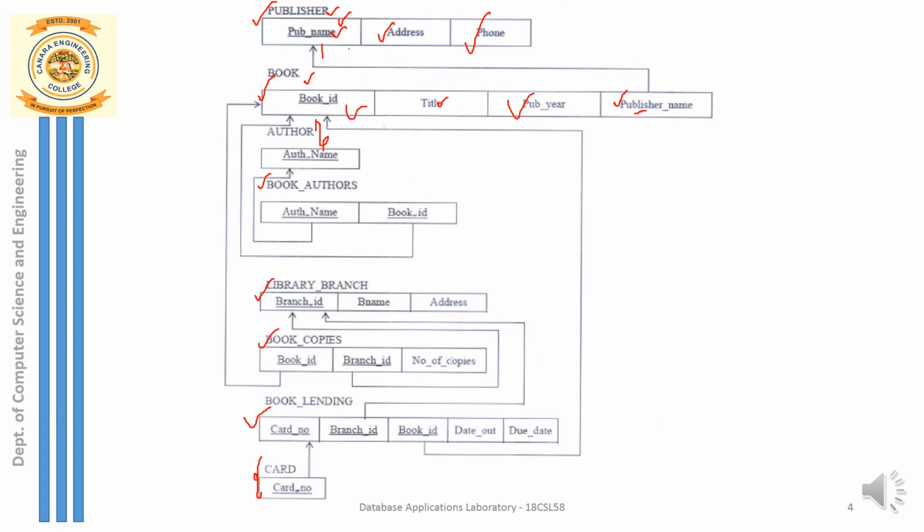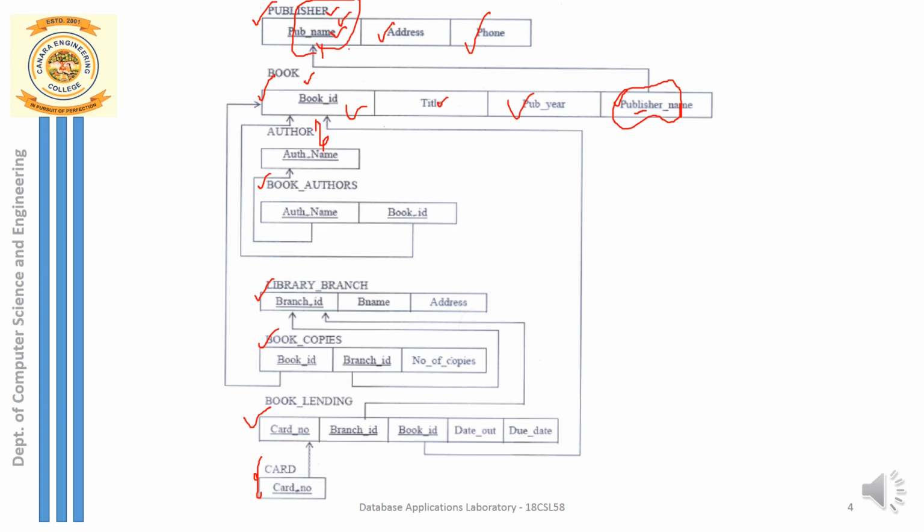So the publisher name attribute here in the book table is a referencing attribute, and the publisher name in the publisher table we can call a referenced attribute. The referencing attribute is the one which is derived from the referenced attribute, or which is derived from the primary key which is part of the publisher table.